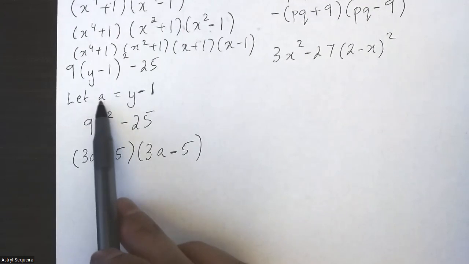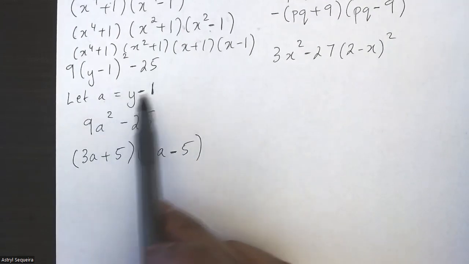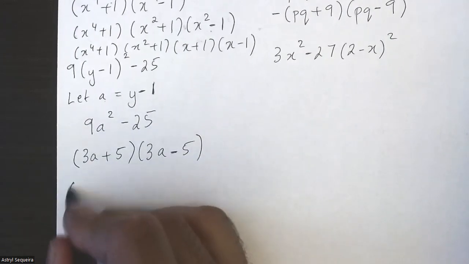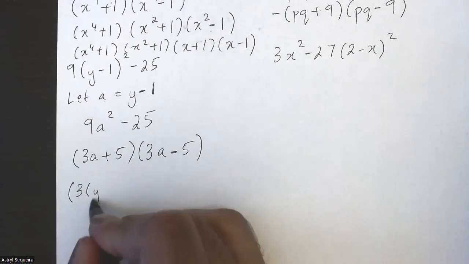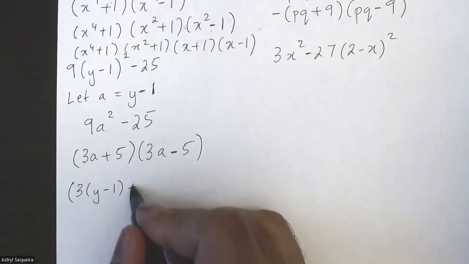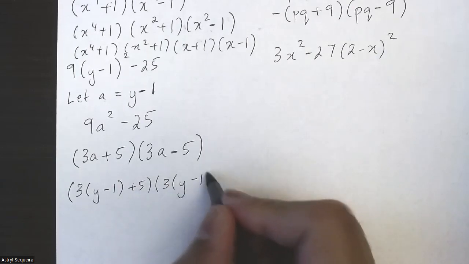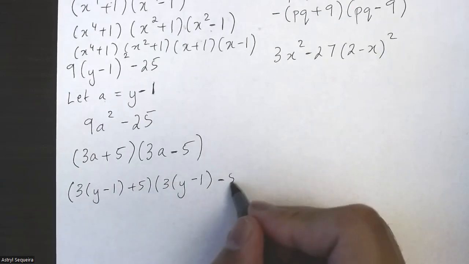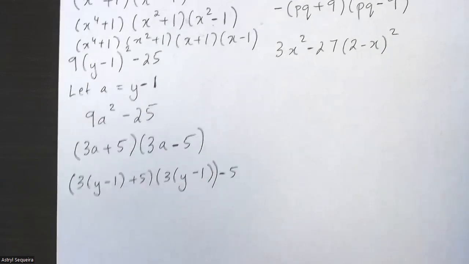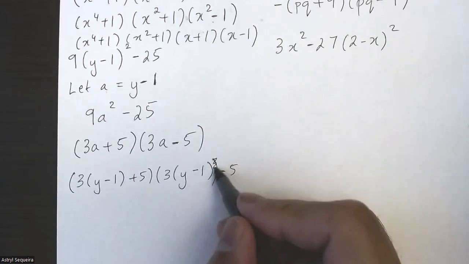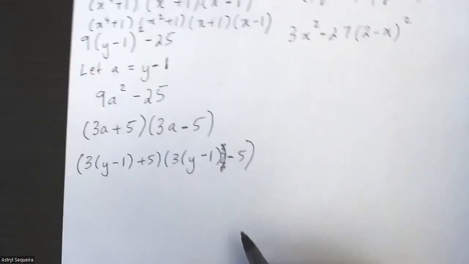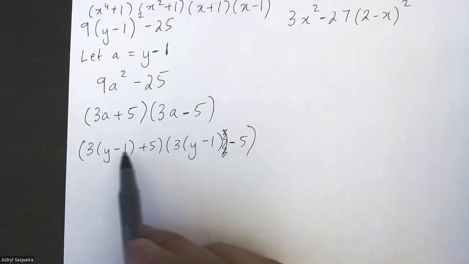And now I need to sub back a for what I originally subbed it for. I'm going to replace the a's over here with y minus 1. And now you just want to get rid of these internal brackets.